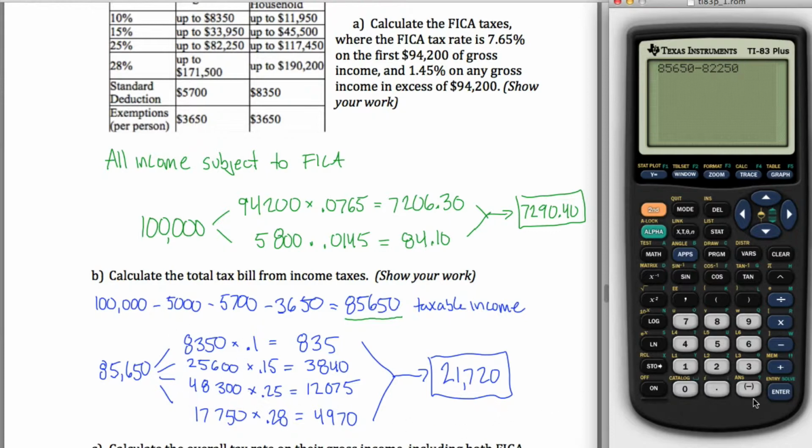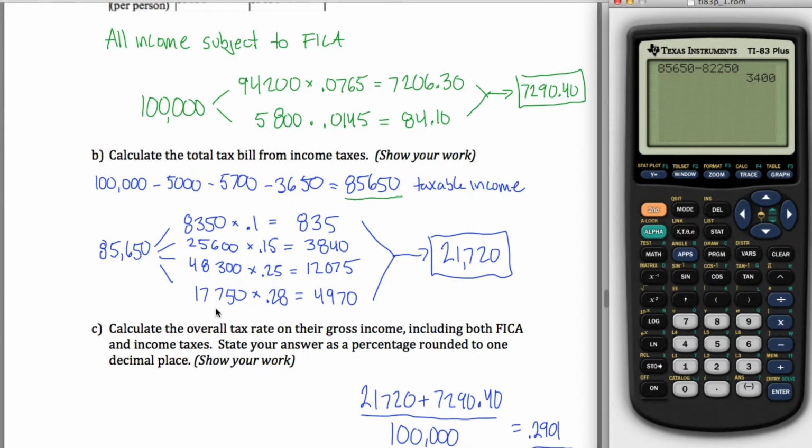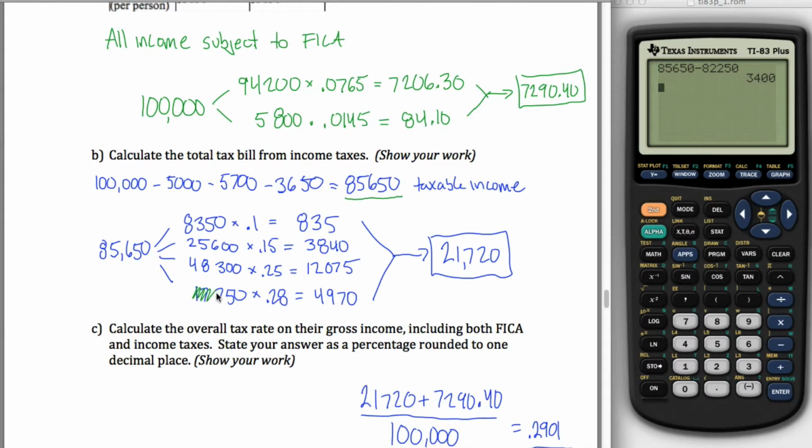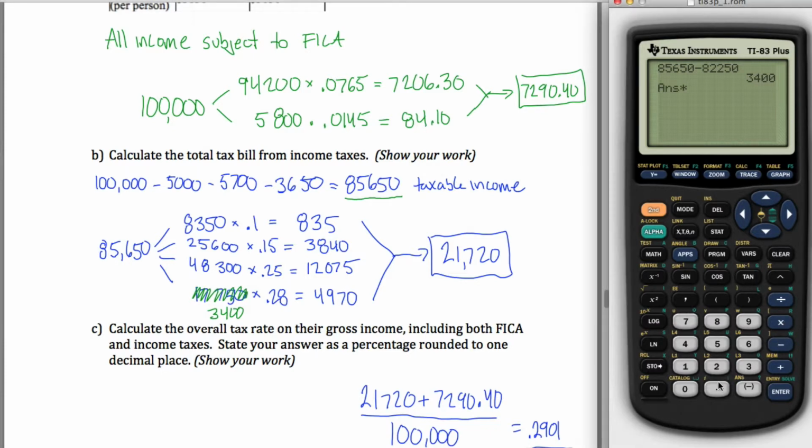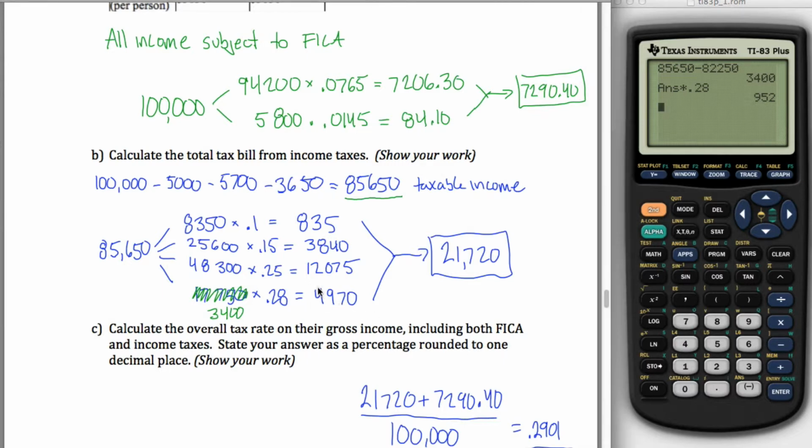And if you do that subtraction, you get only $3,400. So instead of this $17,000 right here, it should have been $3,400 that's getting taxed at this 28% rate. So I'm going to multiply that by 0.28 to get the amount of money, $952, that is being taxed at this rate.